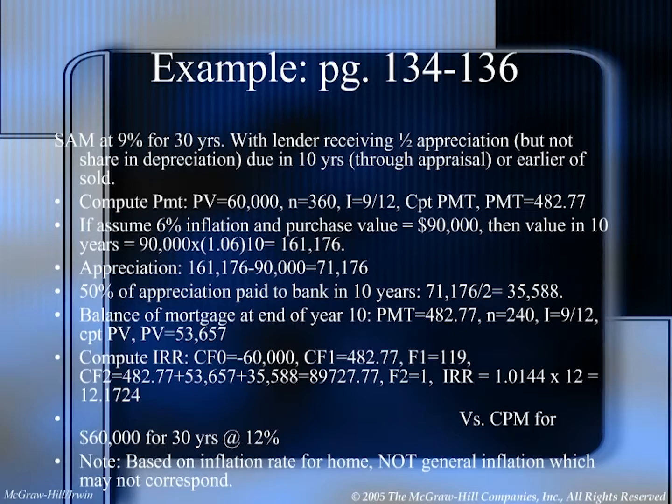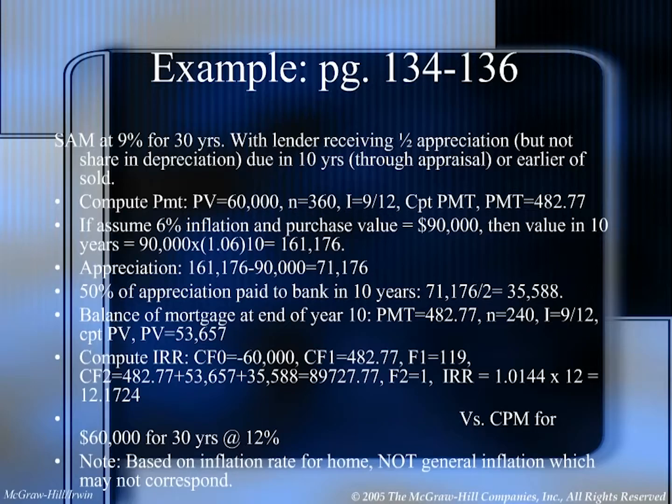So that gives you a cash flow of $89,727.77. That just happened once. You get the IRR for the month, multiply it times 12, and you see it comes out 12.17%.